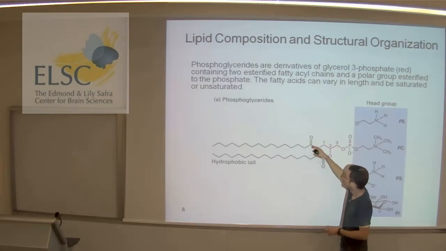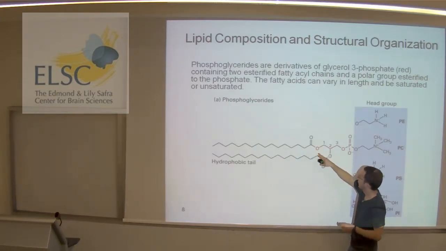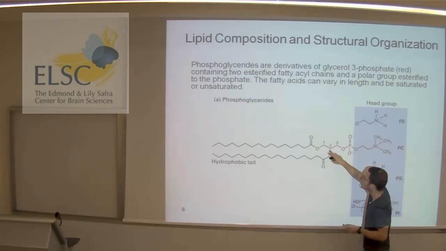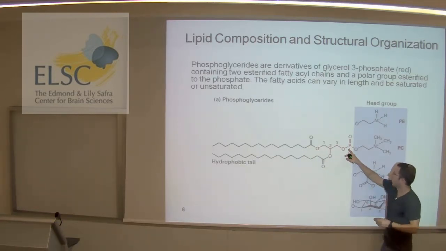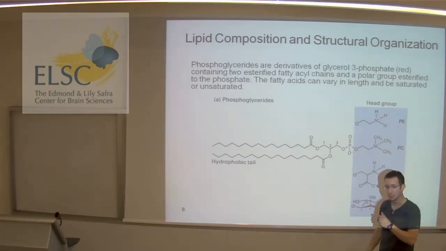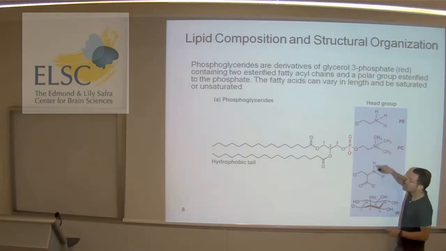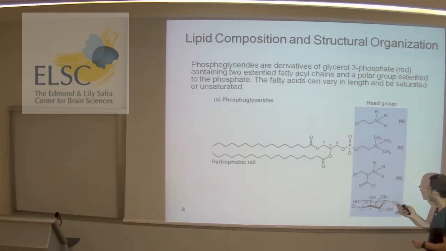So you can link two fatty acyl chains with varying lengths and varying degrees of saturation via an oxygen, meaning that the two tails are esterified to this glycerol. And you can also esterify to this last phosphate a variable head group, a polar group. Esterified is a link via an oxygen, ester. And again, on the phosphate side, you can link polar groups of several identities. And all of these molecules are termed phosphoglycerides.